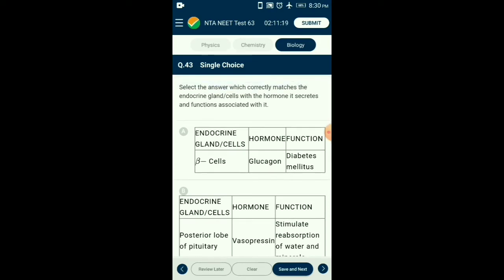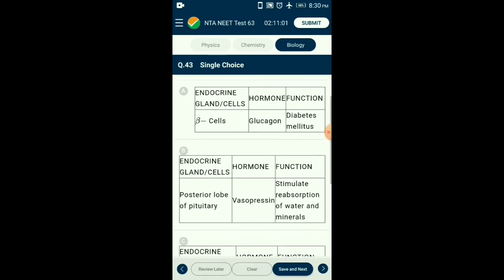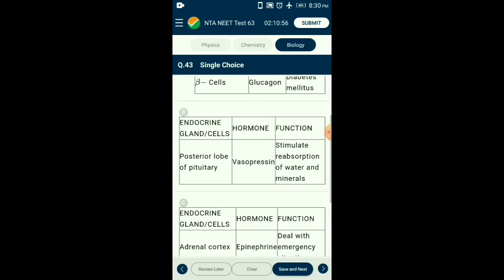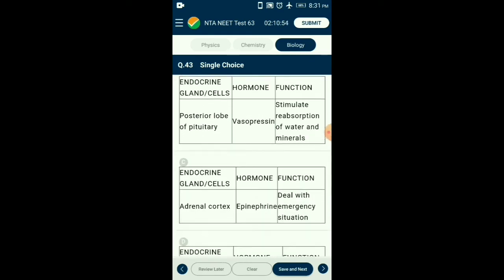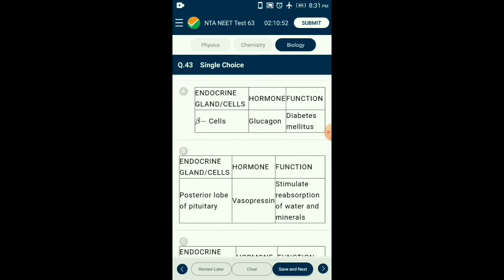Intermediate lobe of pituitary gland secretes melanocyte stimulating hormone that controls pigmentation. So the correctly matching option is option B. See the option B, endocrine gland cells, hormone, and their function is given correctly.